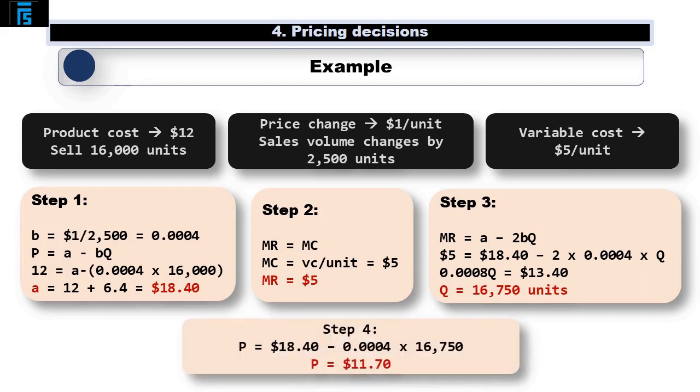The final step is to put this quantity back into the demand equation to find P. So this time P equals $18.40 minus 0.0004 multiplied by 16,750 units. And therefore P, the optimal selling price, is $11.70.